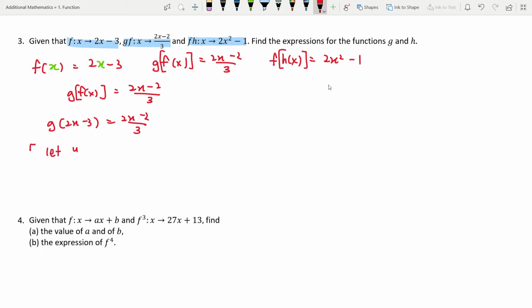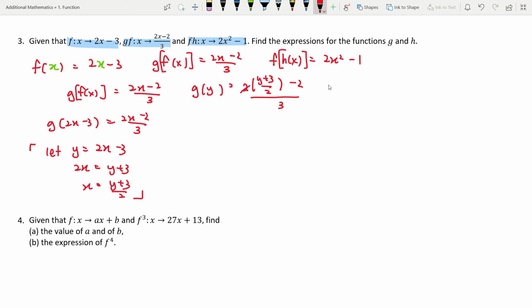Let y equal to 2x minus 3. 2x will be y plus 3. X is (y plus 3) over 2. Let's continue. We have g(y) is equal to 2 times... Since we already changed the object to y, we have to change the x into y as well. (y plus 3) over 2 minus 2, over 3.